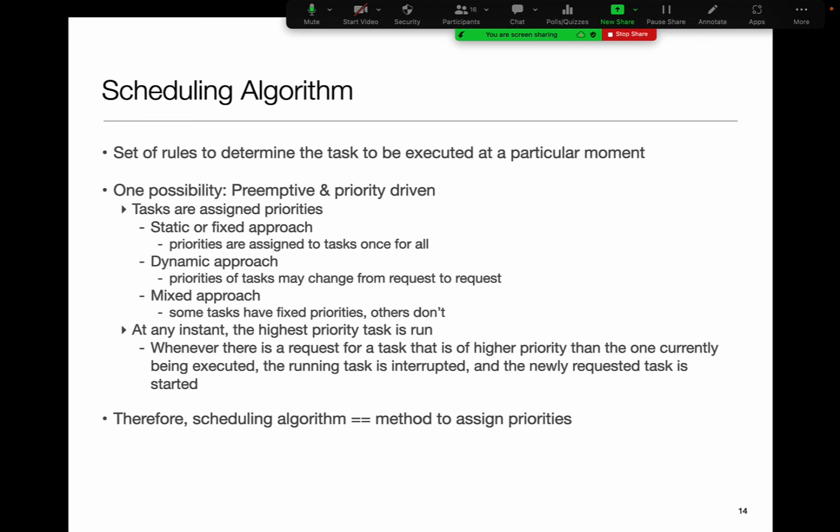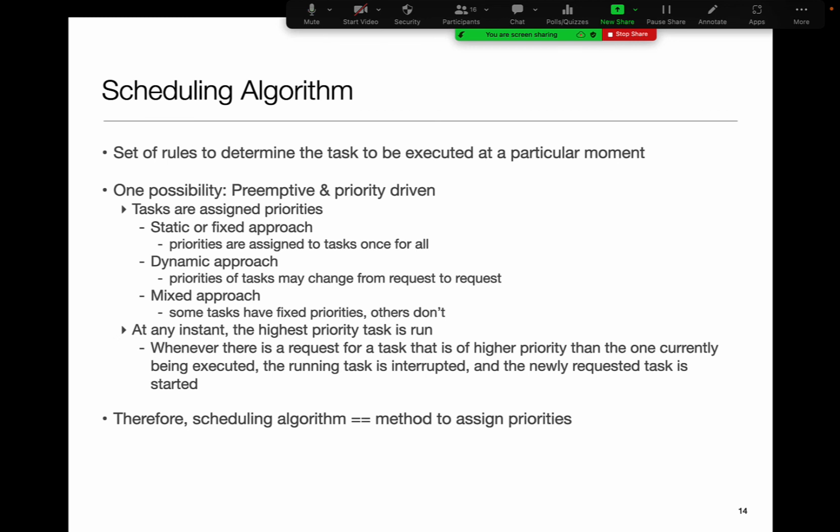One very common strategy for scheduling is what is referred to as preemptive priority-driven scheduling. So this strategy does the following. We give all the tasks something called a priority. You think of it as a number, and so larger the number, higher the priority, let's say, or they're ordered in some way.